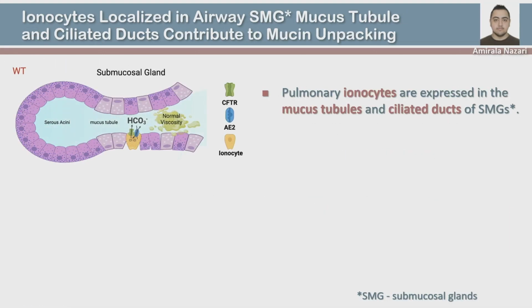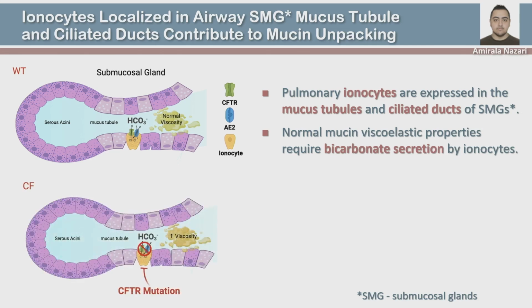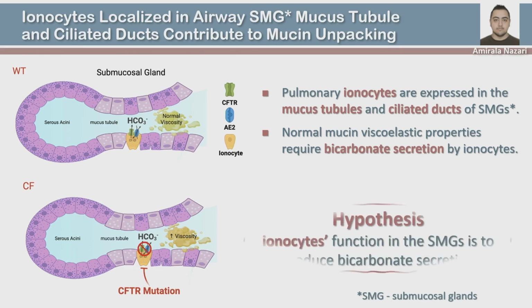The second talk is by Amirala Nazari, I hope I'm saying it correctly again. So pulmonary ionocytes are expressed in the mucous tubules, you have here the ionocyte, and ciliated ducts of these submucosal gland cells. Normal mucin viscoelastic properties require bicarbonate secretion by ionocytes, as also shown by several authors.